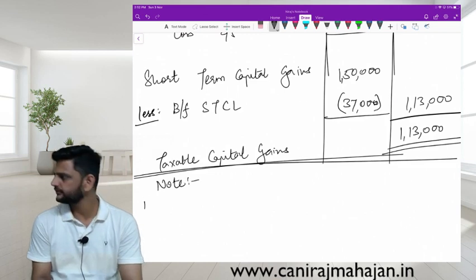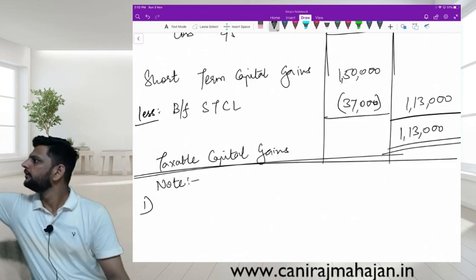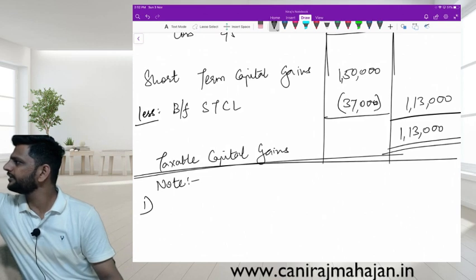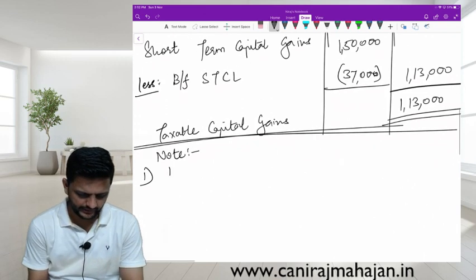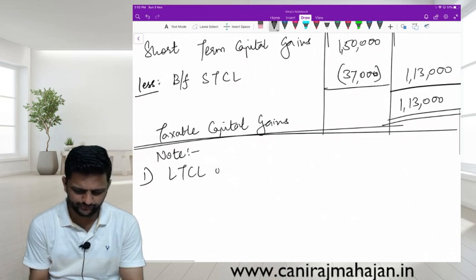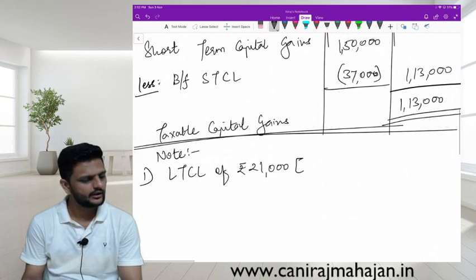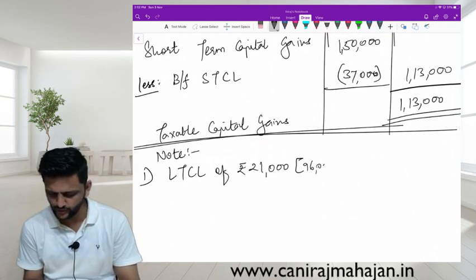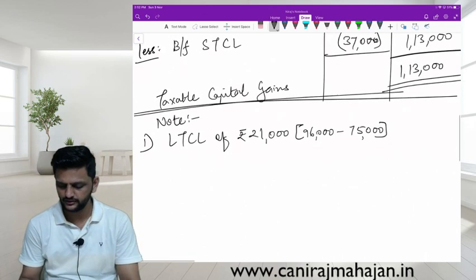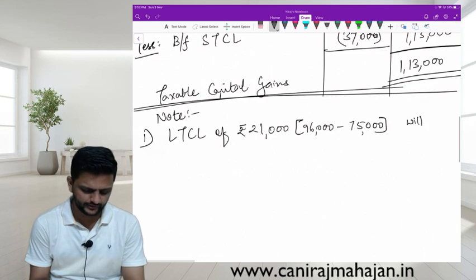Okay. Note. What note will you write? There is only one income to be carried forward, so you can write that as a single note. LTCL of rupees 21,000. Show that 21,000. The loss earlier was of 96,000. Out of that, you could set off 75,000. The rest will be carried forward. Yes or no?